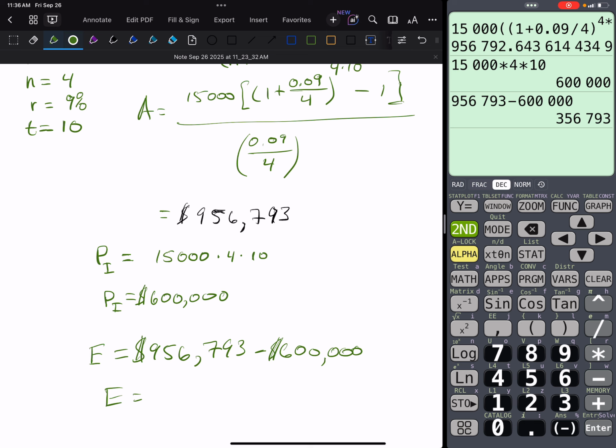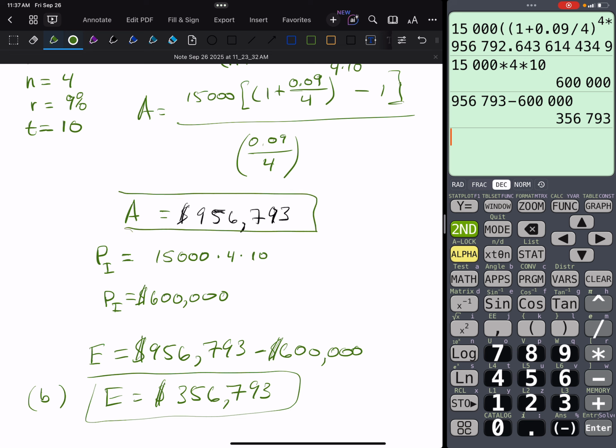But it's always nice when you can do both ways and get the same number. It's comforting when you come to the same conclusion from 2 different directions. It helps you feel a little bit better about your result. 356,793.